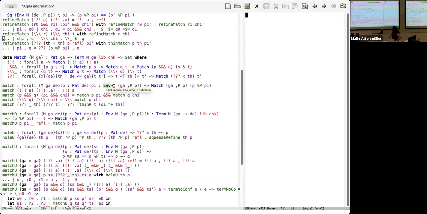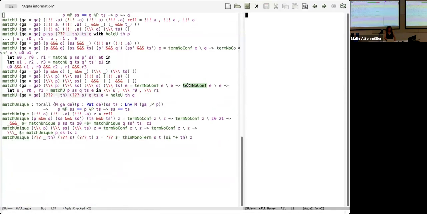And then what's this saying? It's saying that, morally anyway, if the pattern's a pattern variable which only allows a particular subset, then as long as the term only uses variables from that subset, you're fine. So that's a sort of specification of matching.